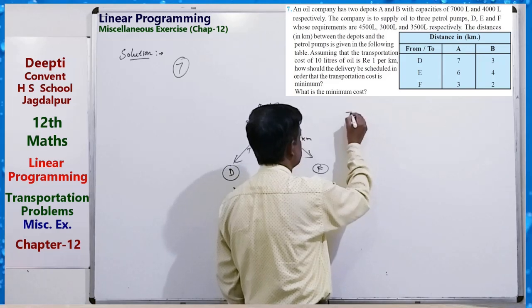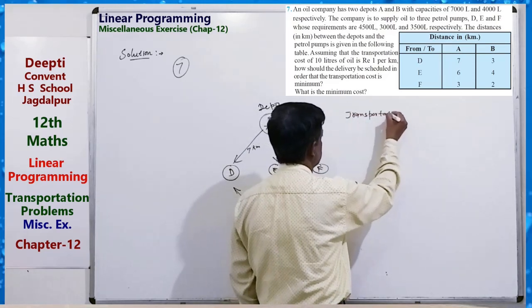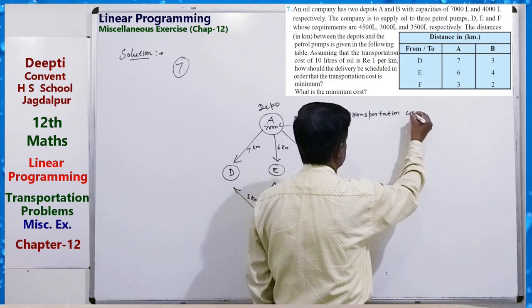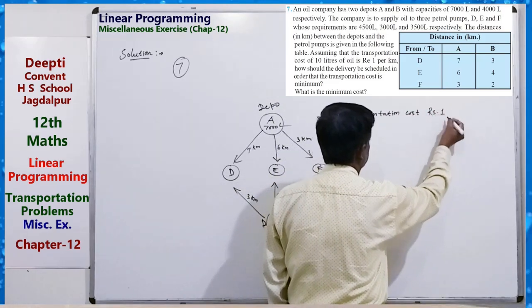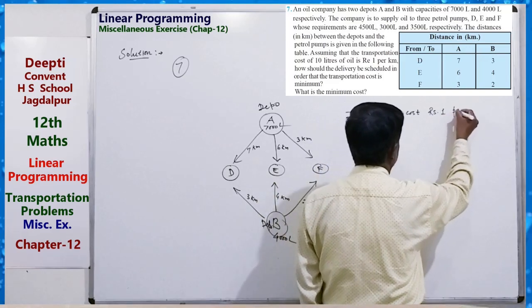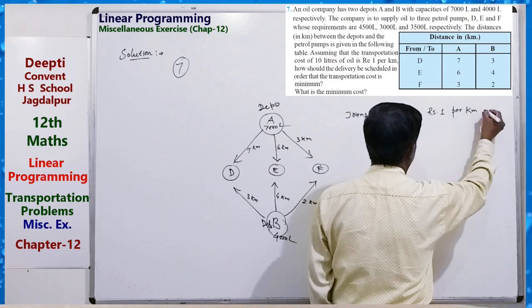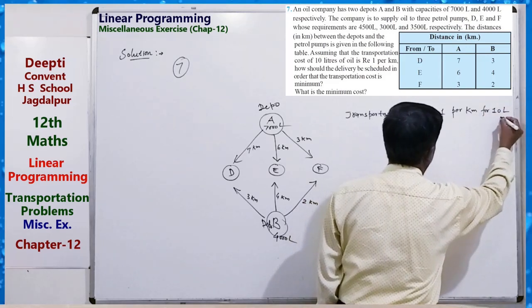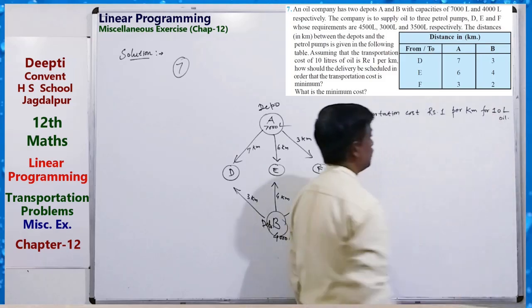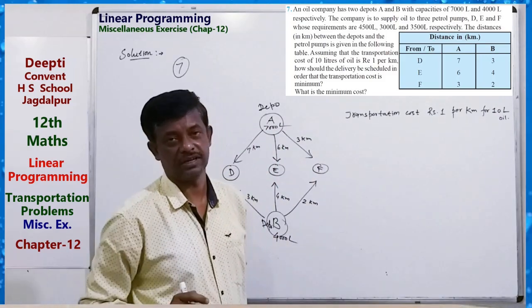Transportation cost rupees 1 per kilometer for 10 liters of oil. For 10 liters of oil per kilometer, 1 rupee is charged.